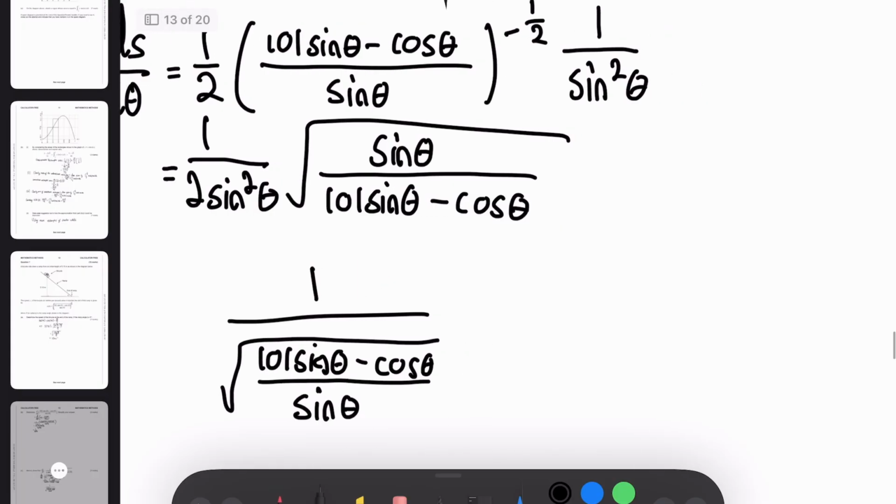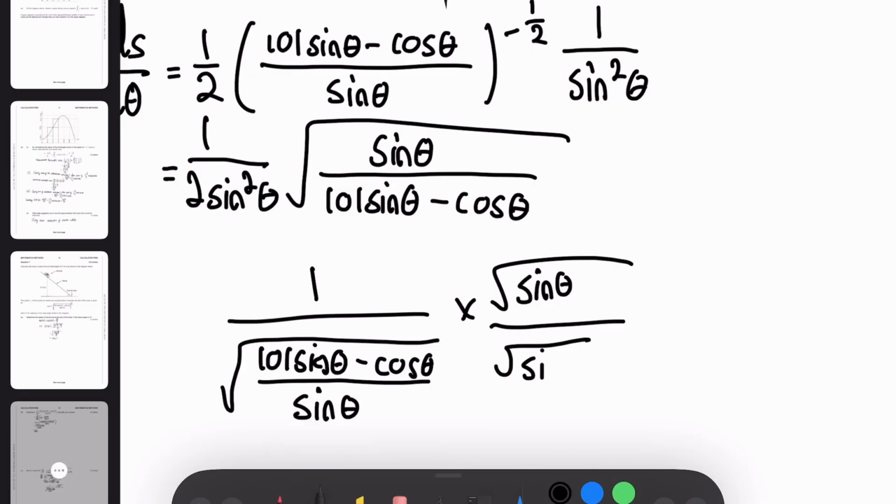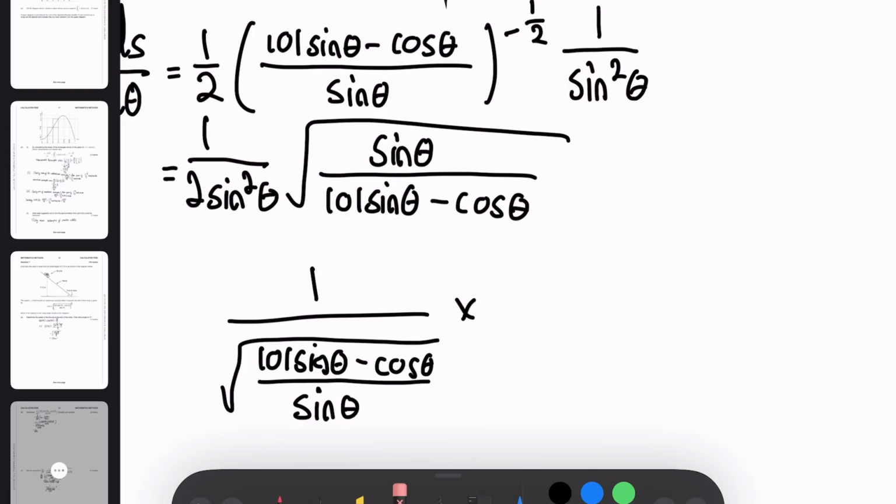Then from here, since this is quite ugly right now, because we have it on the inverse, we can multiply it by square root of sine of theta over square root of sine of theta.